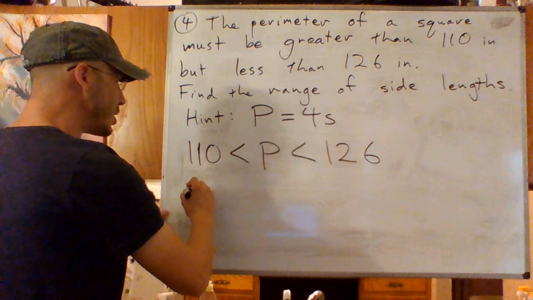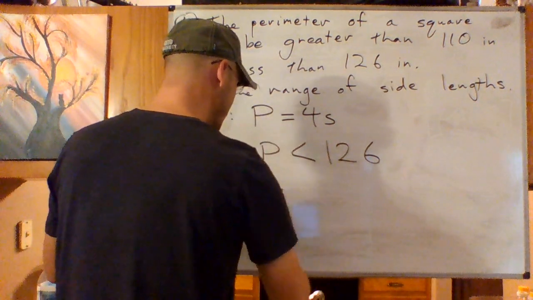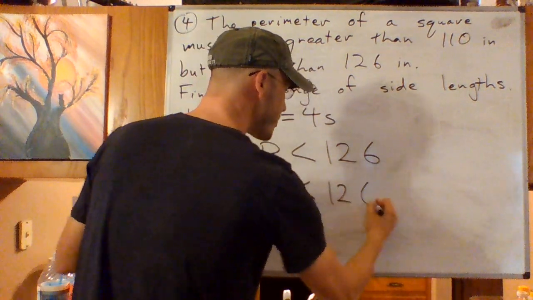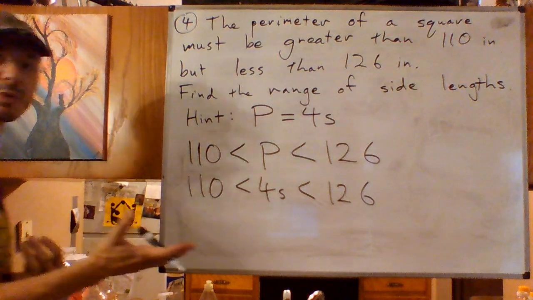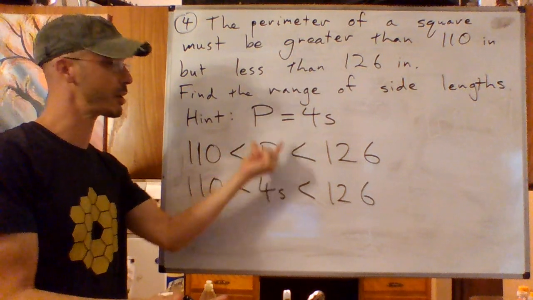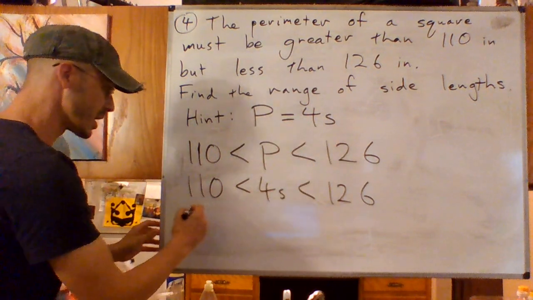Now I'm going to swap out the P for the 4S because they're equal. That's called a substitution. I'm substituting 4S in place of P. We did that when we evaluated expressions, but this is substituting a variable for another variable expression. It's all right, though. It's exactly what we need to do.